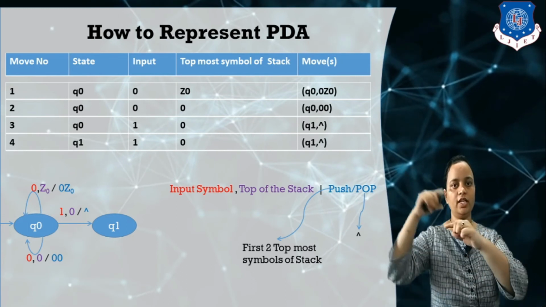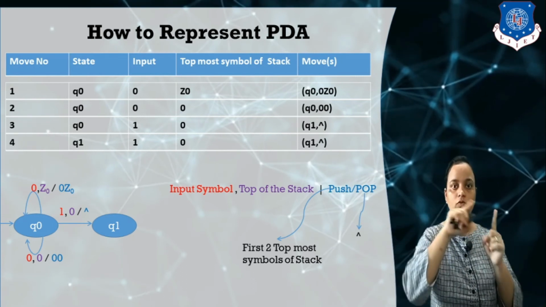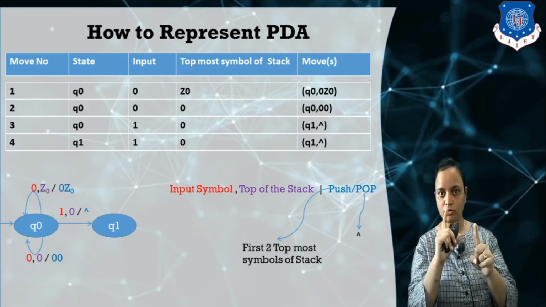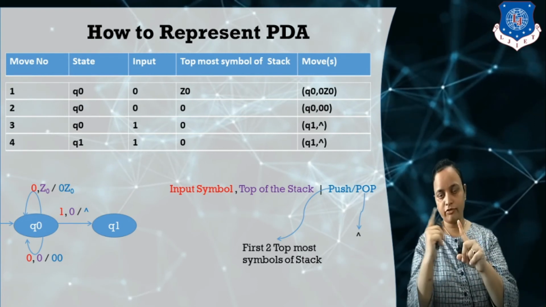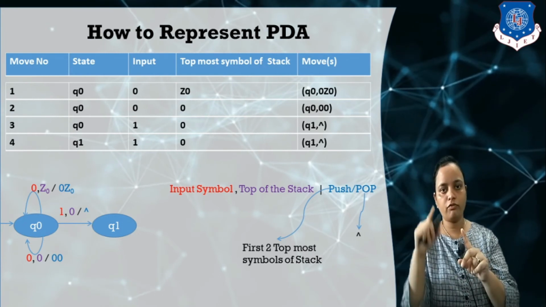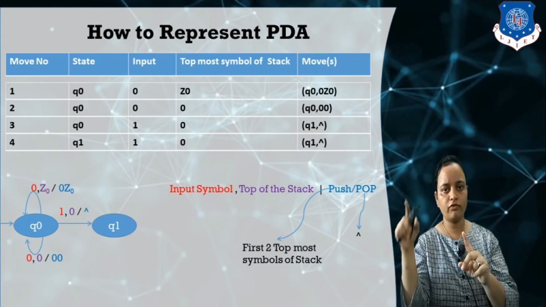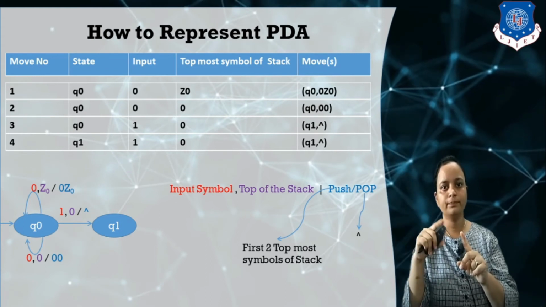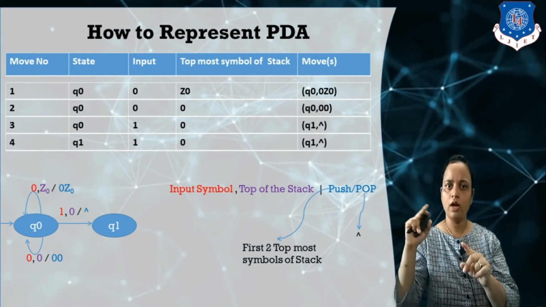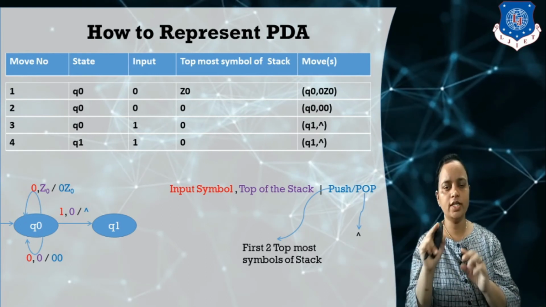Always remember, from Q0 to Q1 we read only the first 1, but after the first 1 there may be a second, third, fourth, fifth 1, and so on. That's why we mention a self loop.